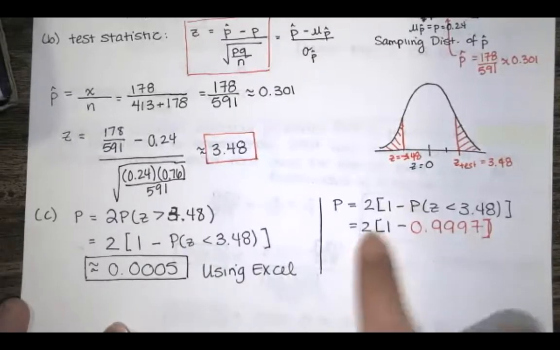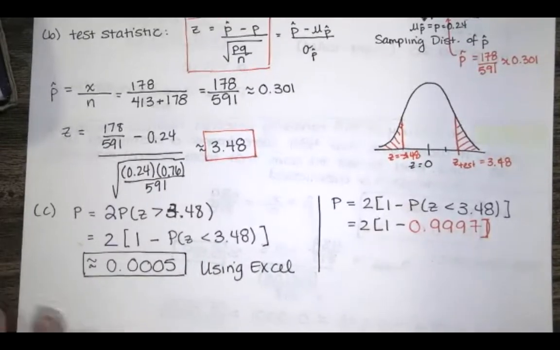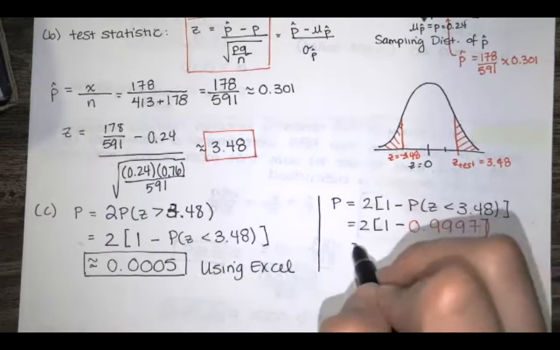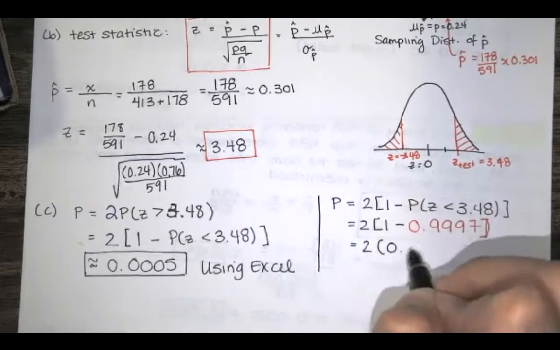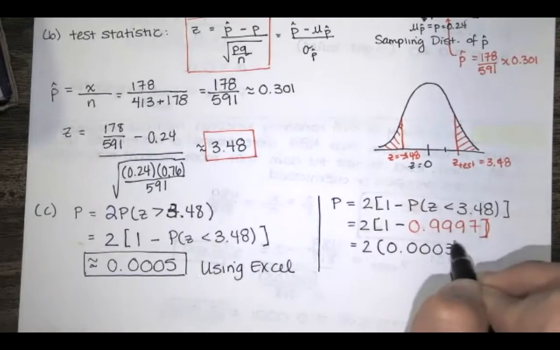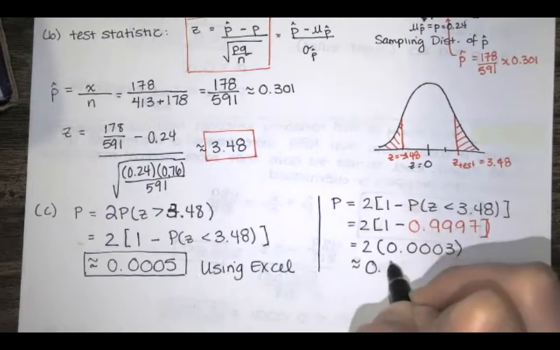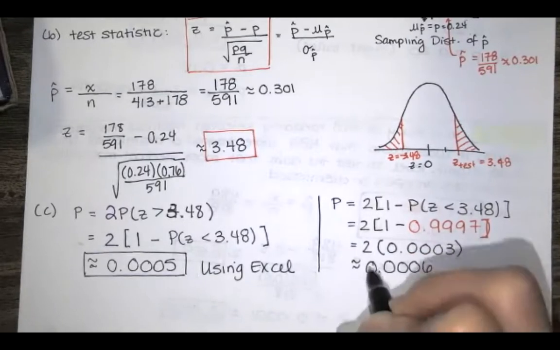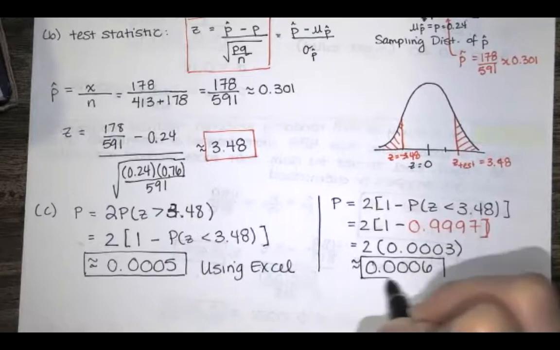Okay, so then when I subtract those, I get 2 times 0.00003, and I get approximately 0.0006. That's using table A2.